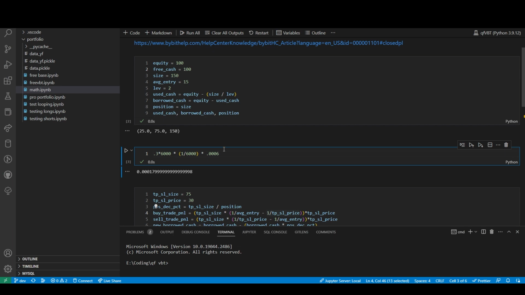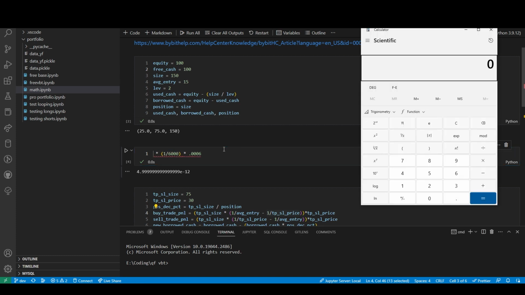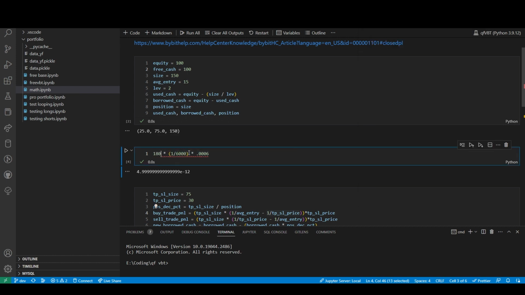What? 0.3 Bitcoin? If you were to buy 0.3 Bitcoin at 6,000, that's 1,800. How is this not... what?